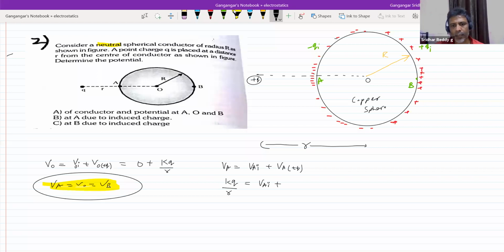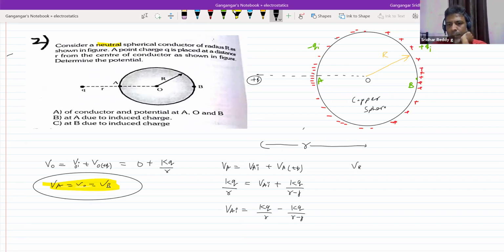Now potential at A due to point charge, how much should it be? kQ by D minus R. So VAI equals kQ by D minus kQ by D minus R. That is the potential at A due to induced charges.